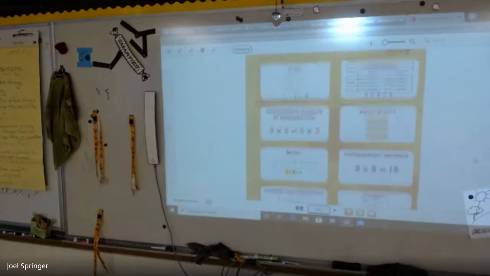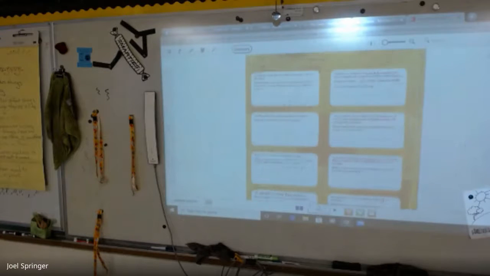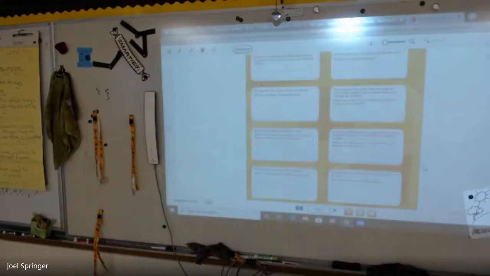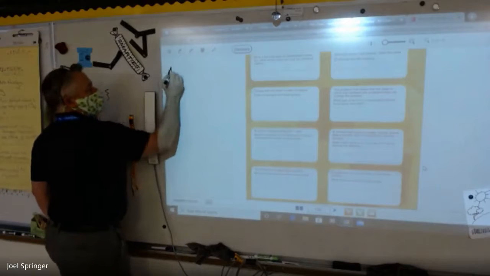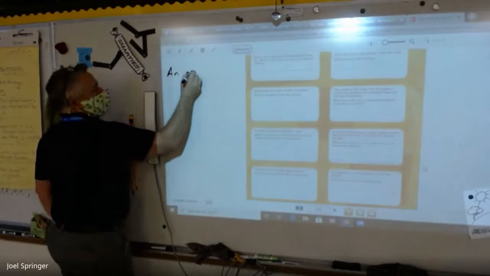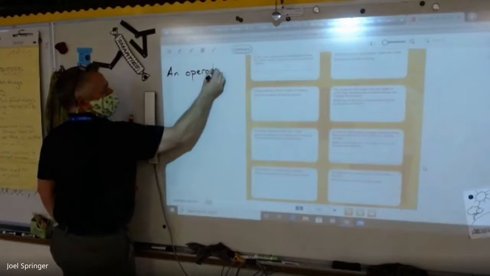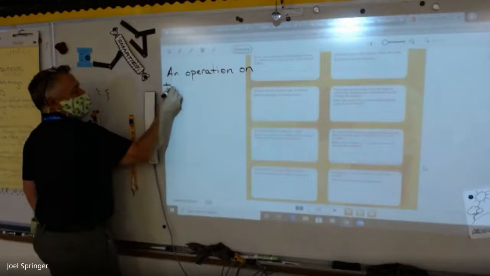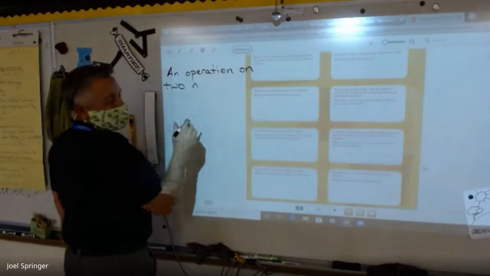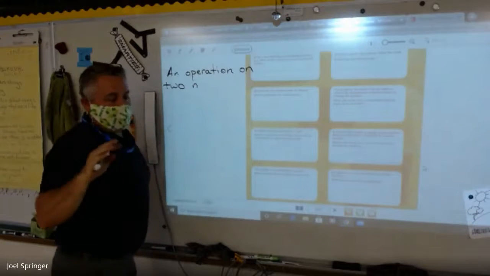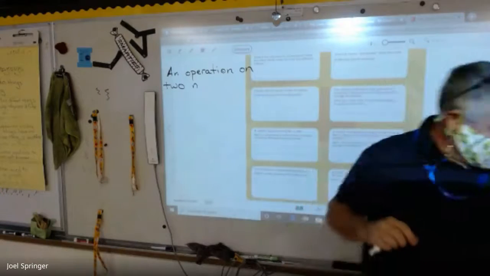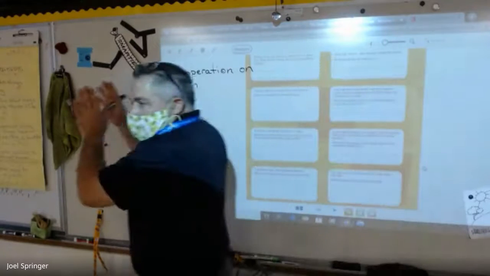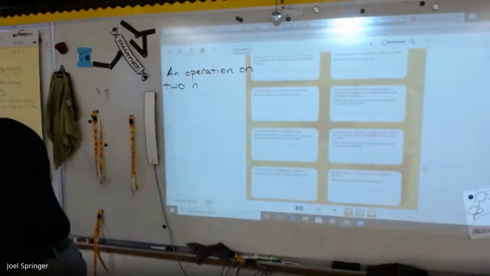Multiplication, which is also multiply, is, so put down, an operation on 2 numbers to find their product. This is multiplication. It says multiply and multiplication. It's got both of them. It'll say multiply and it will say multiplication on the one you're looking for.